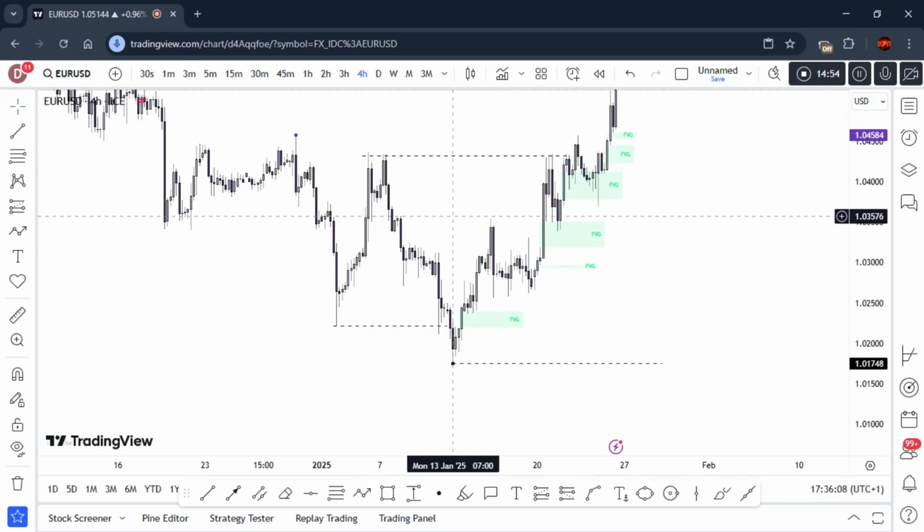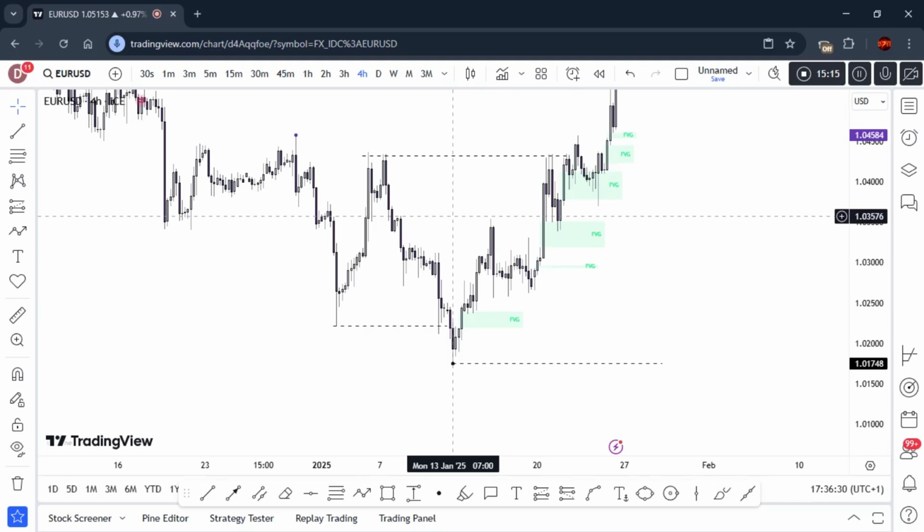So you should use your 4 hour time frame as a day trader for your external time frame to give you the overall bias of where price is heading, the original movement of price, and then your 1 hour time frame to give you the substructure of your 4 hour time frame.